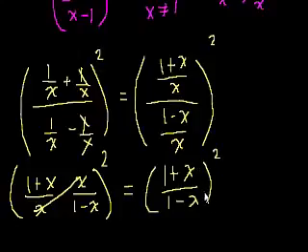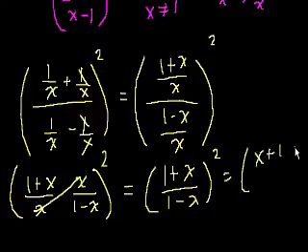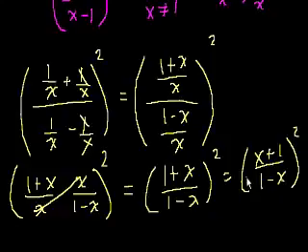which is the same thing as x plus 1 over 1 minus x, squared. And let's see, that's not one of the choices.